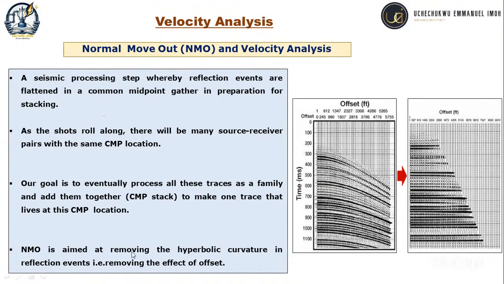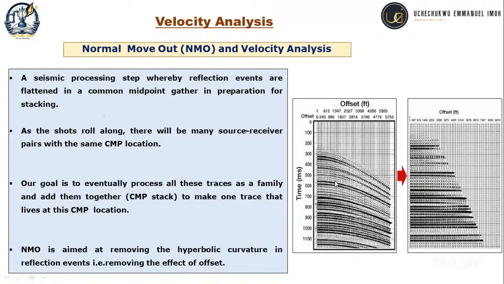Ideally, this is what you have in the image on the far right. In seismic processing, reflection events are flattened in a common midpoint gather; this is referred to as your stacking. As the shots roll along, there will be many source-receiver pairs in terms of your CMPs and CMP locations, and if you flatten them out, you get a flat gather.